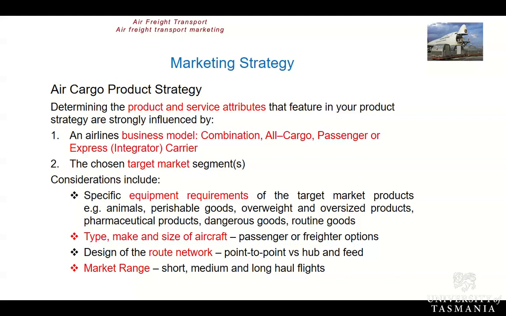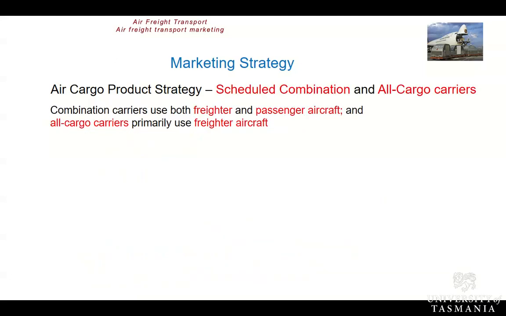Are they going to be short, medium, long haul? How does that meet the requirements of your customer? So these are just some considerations that you need to have in your own mind when you're making decisions about your product strategy, customer service levels as well. Now, for scheduled and all cargo carriers, I'll separate them a little bit from integrators.